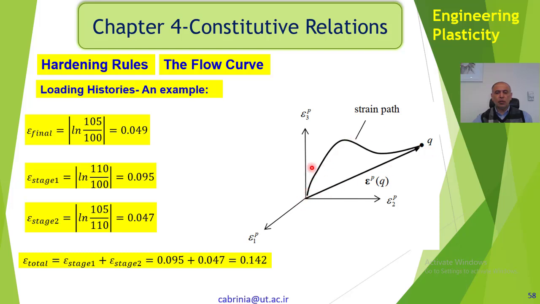For instance, I could go to here like that. I could go through here. So different paths to point Q can be made. It depends on the actual operation that we do on the metal. So what operation are we doing?